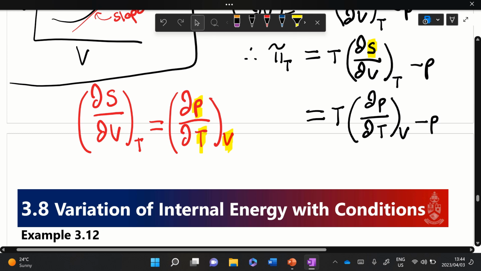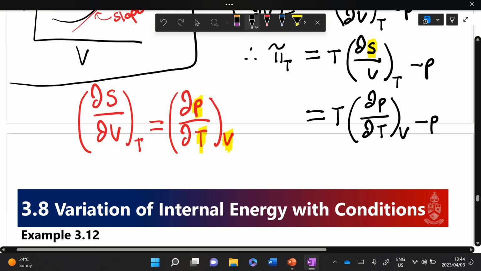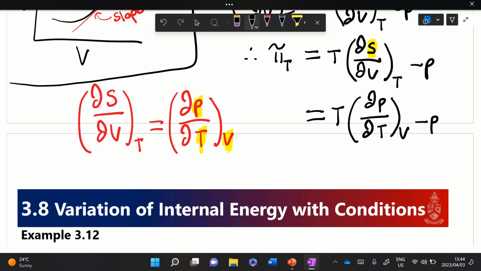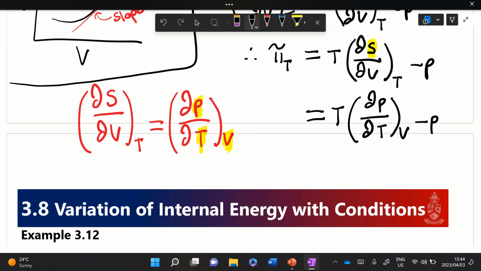Well, we need a function of P. Do you agree? Because we need something that says dP/dT and minus P, to plug into the equation on top here.